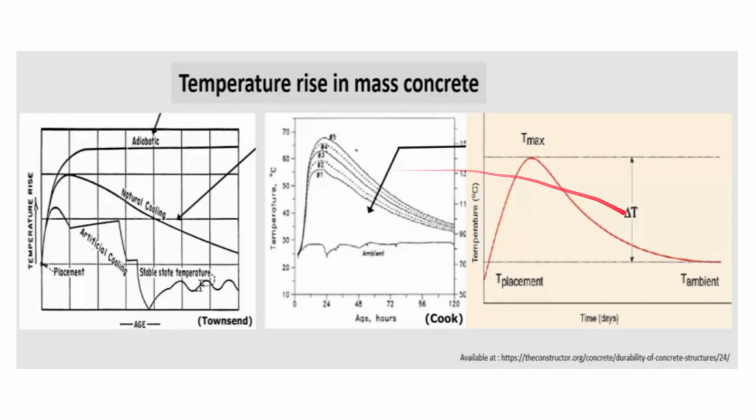If you idealize this and plot it into an idealized curve, we will find that after T placement it will have a sharp increase to a temperature of T max, and then it will gradually decrease to the temperature of T ambient, and then it will become saturated, so there will be no increase or decrease. This temperature difference between T max and T ambient is called the delta T.